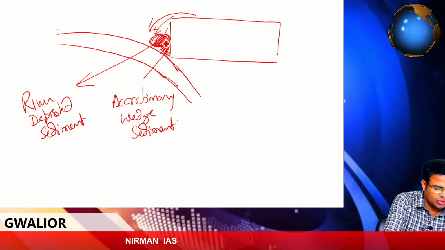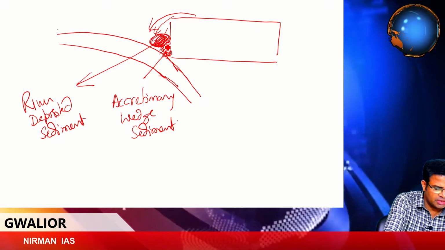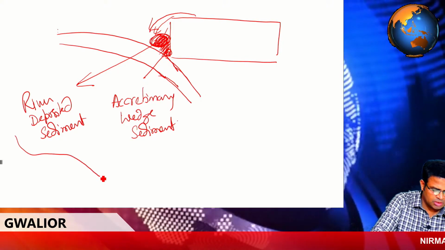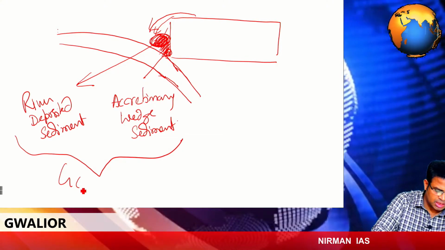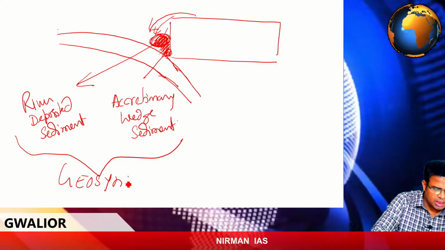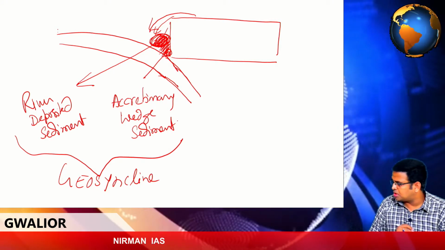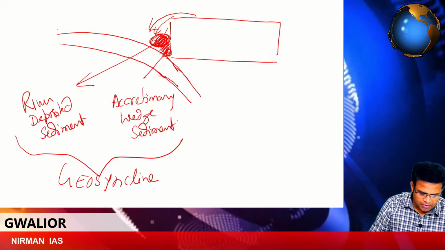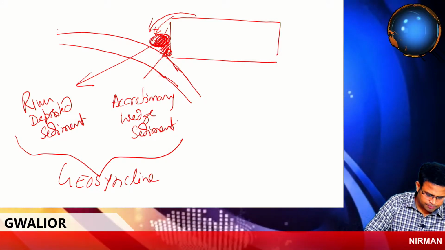This accretionary wedge and these river deposited sediments together we can call a geosyncline.